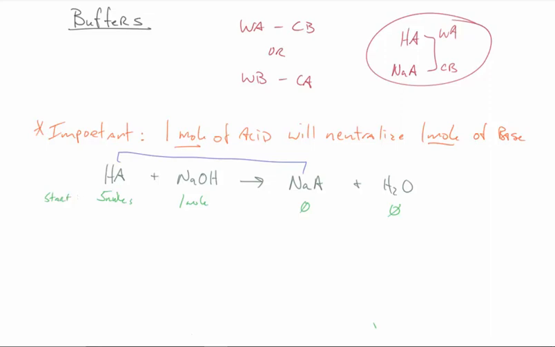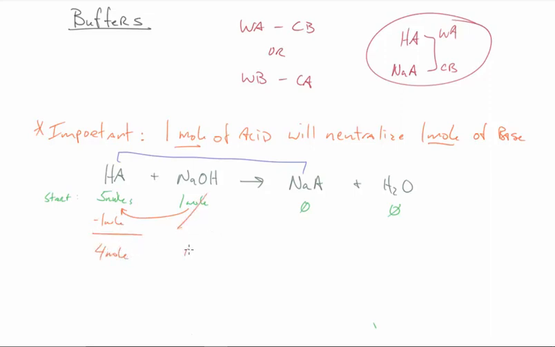Based on the stoichiometry, since 1 mole of acid will neutralize 1 mole of base, all of the base will neutralize as much of the acid as it can. So I would subtract a mole out of the acid and end up with 4 moles remaining.